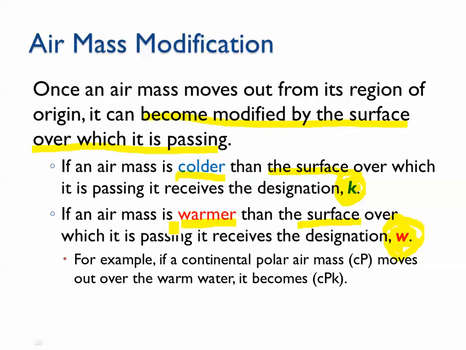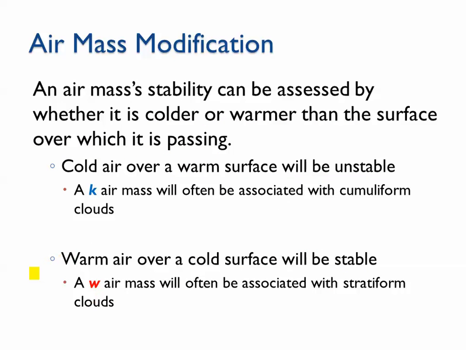So, for example, if we have a continental polar air mass moving over warm water, so the air mass is colder than the water, then it gets a CPK designation. So what does that mean for stability? If we have cold air that moves over a warm surface, that cold air is going to be warmed by the warm surface.